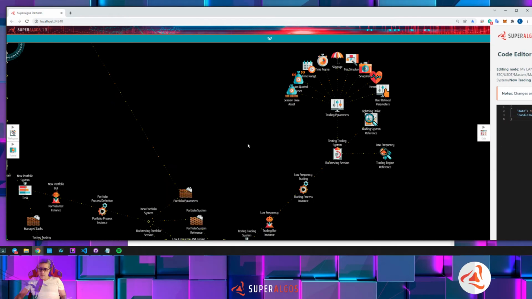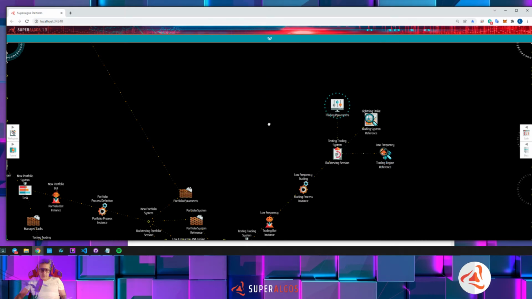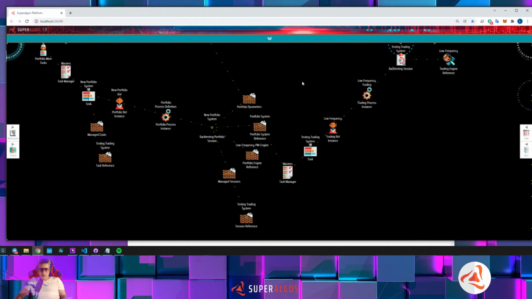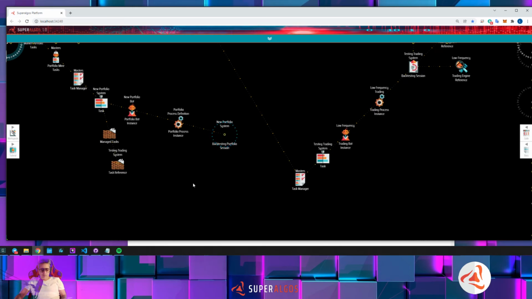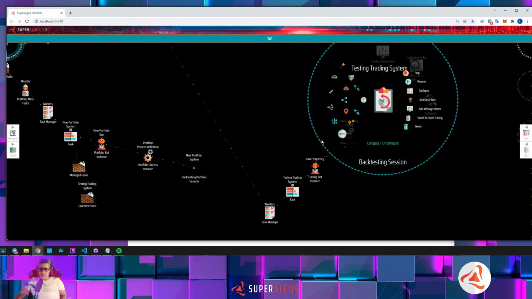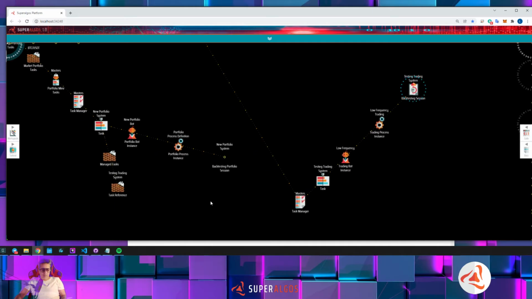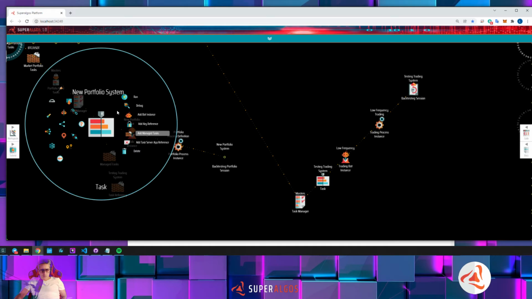Candle index true. So we're going to save this workspace. And now, okay, now we have this. We run the task.